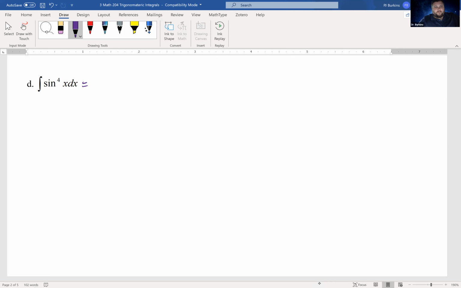I only have sines. Which one of the two relationships do you think we should start with? Should we use the Pythagorean or the power reducing?